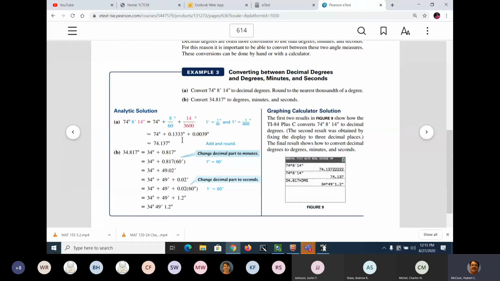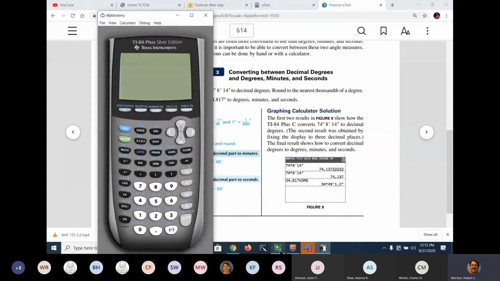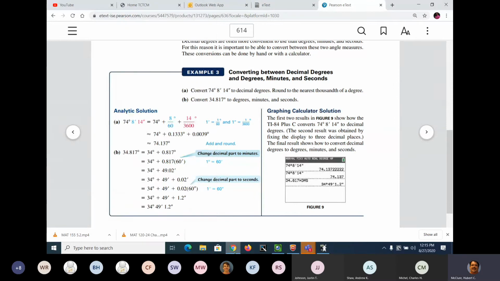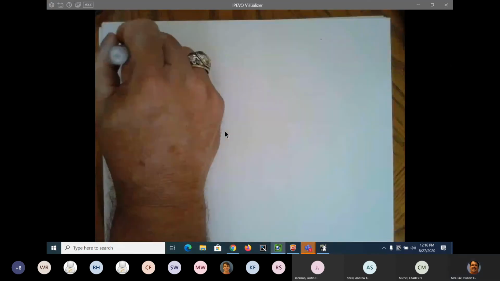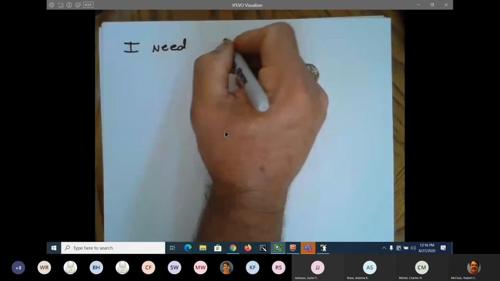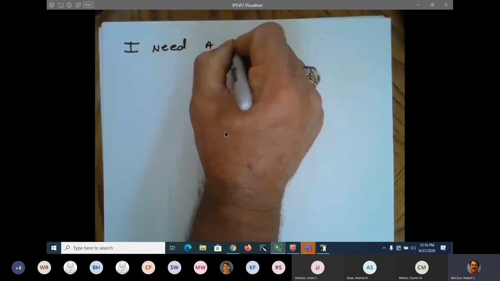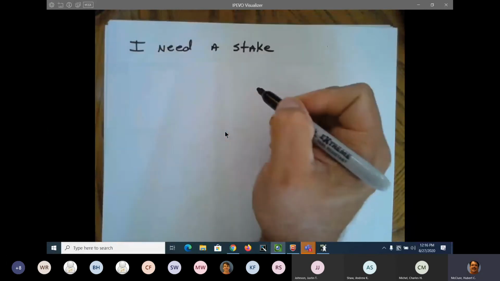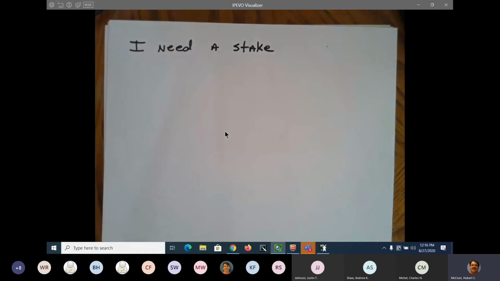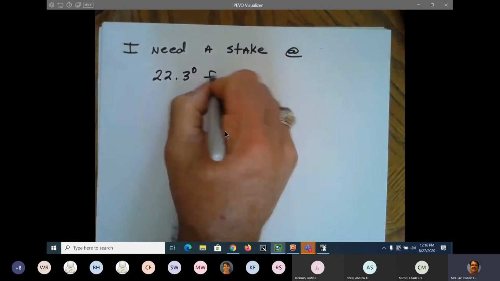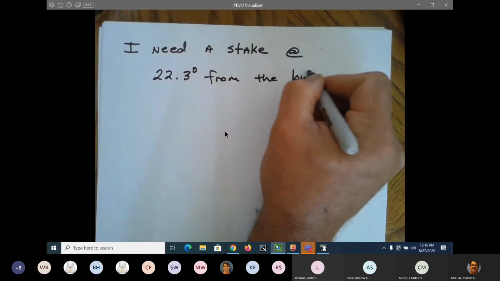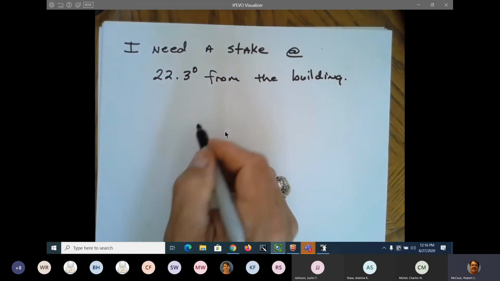I can tell you right now, if you were to walk up to an engineer or a surveyor or an architect or a layman construction person and say, I need a stake, not a steak that you eat, a stake is a construction piece of wood driven into the ground, I need a stake at 22.3 degrees from the building, the surveyor is going to look at you like you're crazy.